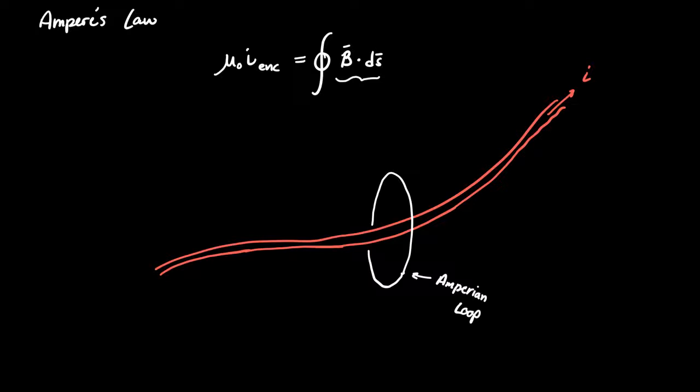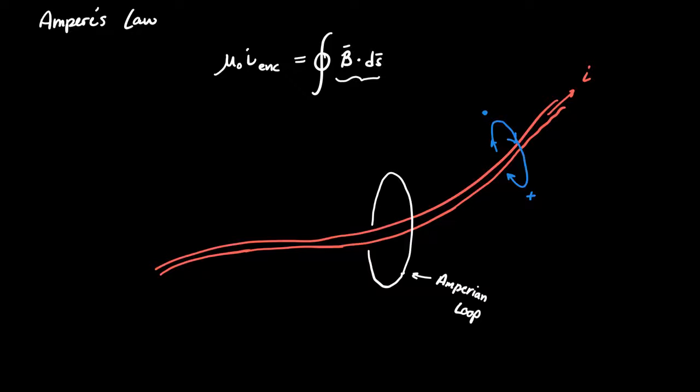So for what I've drawn, I hope you realize that the magnetic field around this loop, using the right-hand rule, has to be going into the board on this side and out of the board on that side. You guys follow me on that?